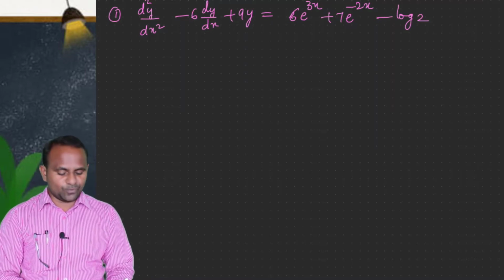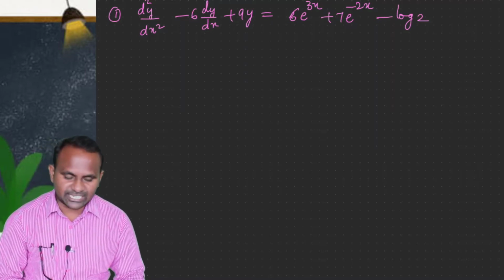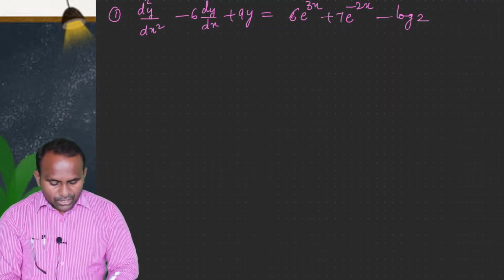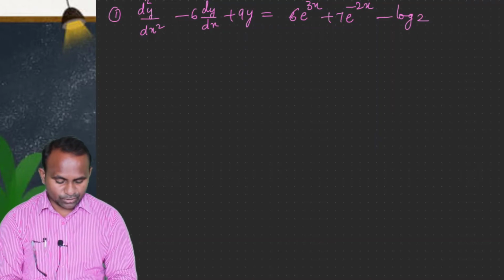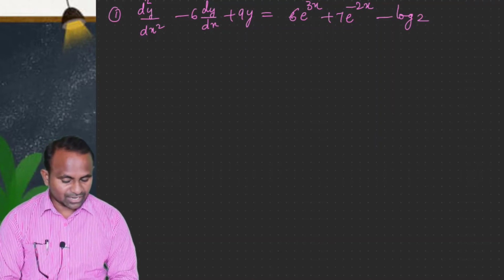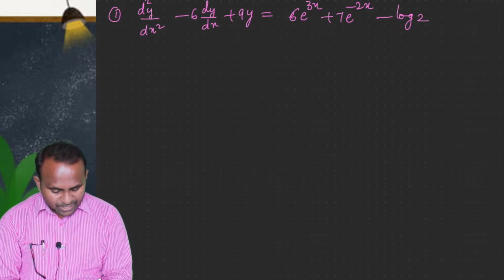This is what the differential equation is. Of course, on the right side you have 3 different terms. As usual, this is a second order linear differential equation with constant coefficients, because every derivative has a constant as a coefficient.